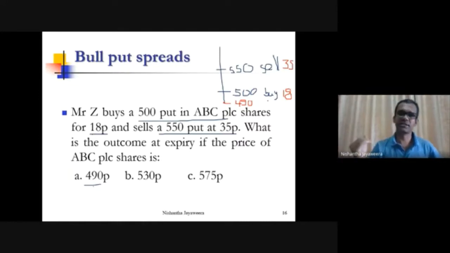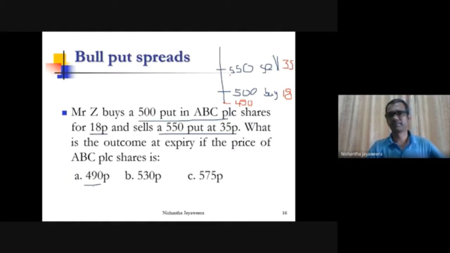The lower the strike, the lower the premium. So in this instance, he buys the option at a lower cost and sells the option at a higher price because the option he sold has a higher strike.